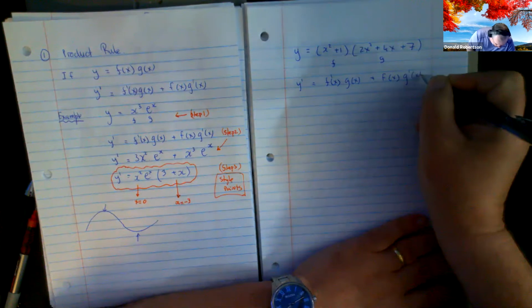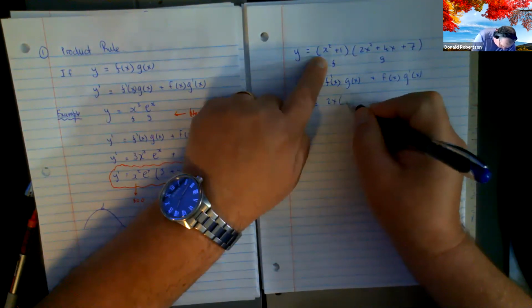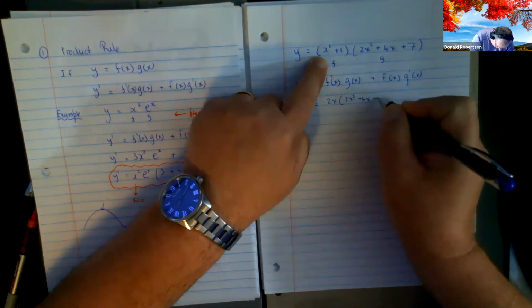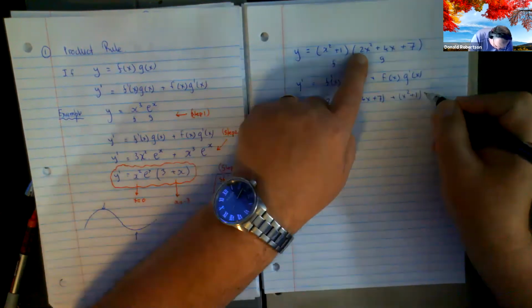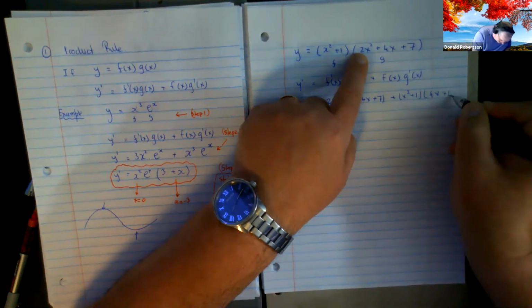Now, if you differentiate f, you get 2x, and you leave g alone. And then you leave f alone. And if you differentiate this guy, you get that ugly mess.